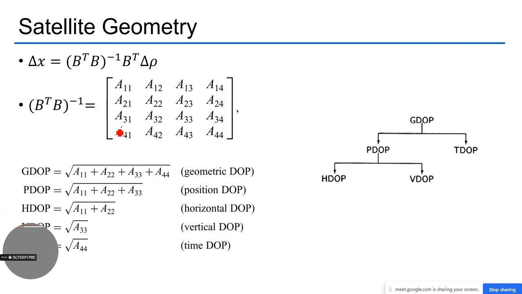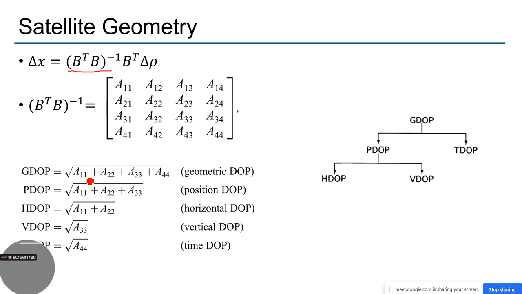And once we solve the equations of these satellites, as I told you in the beginning of the class, we end up with the solution delta x is equal to (B transpose B) inverse B transpose delta p. So the term (B transpose B) inverse defines these DOP formulas.